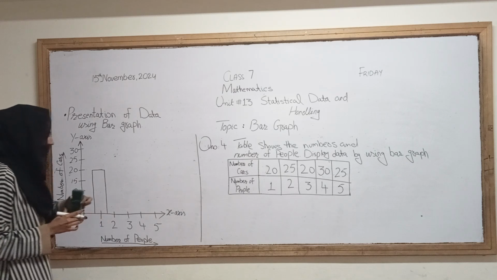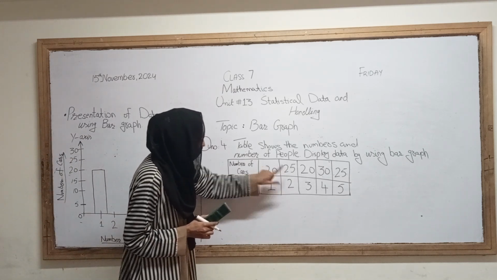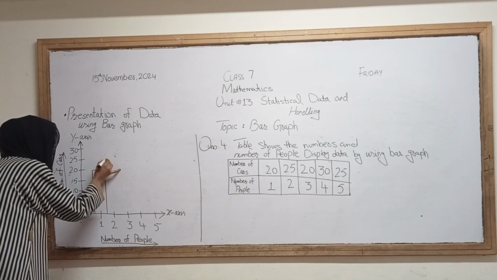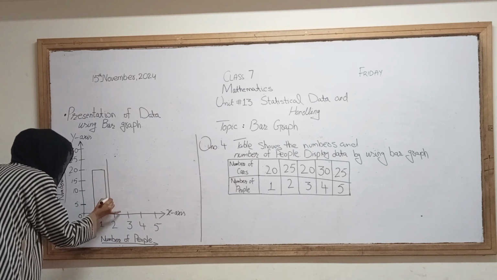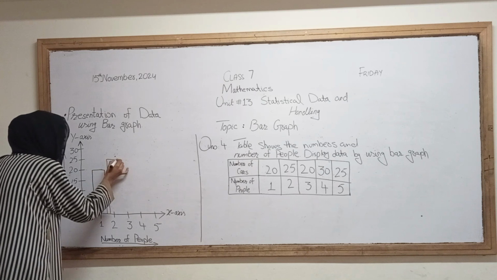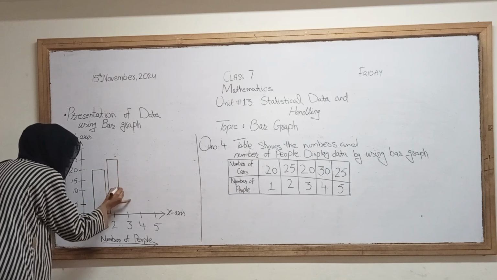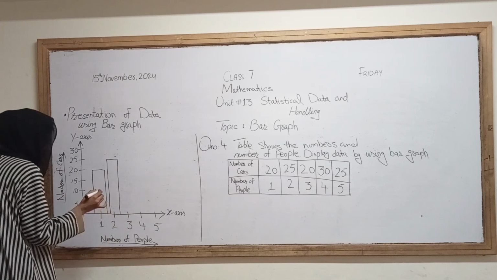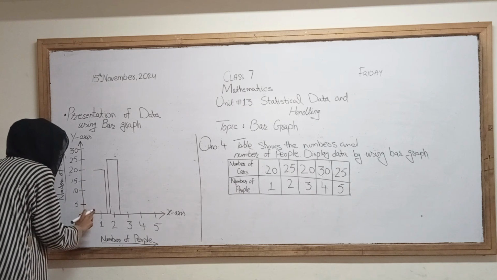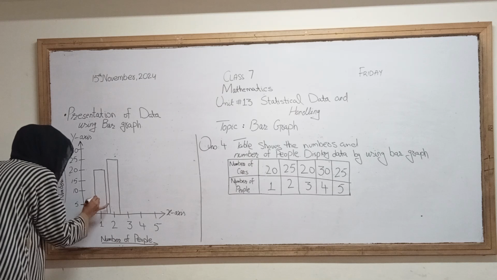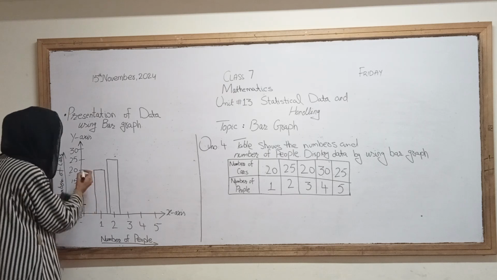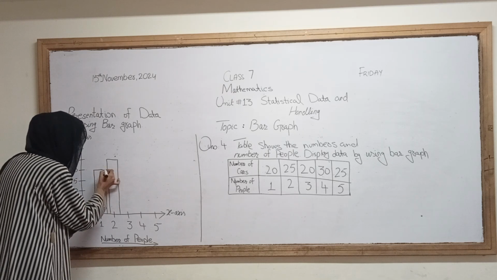Second one, there are 25 cars in which 2 persons are present. And the width of the bars should be the same for each. Next, there are again 20 cars in which 3 persons are present.